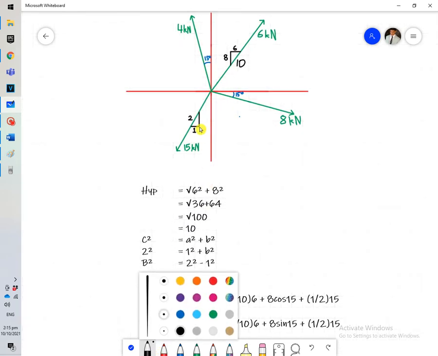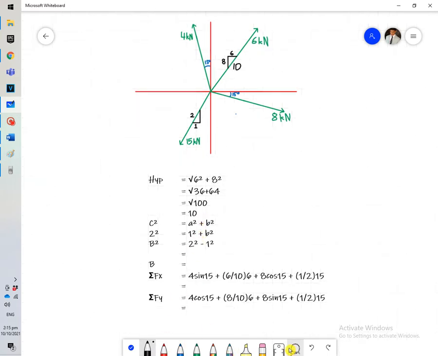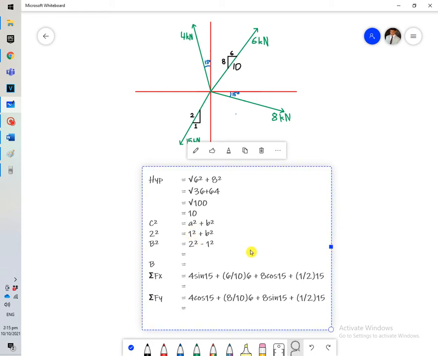Kumpletuhin natin to. So, meron tayo ditong side A and a hypotenuse, pero wala tayong side B. So, through algebra, kaya natin malaman na b squared is equal to c squared minus a squared. Pag tinranspose natin sa a squared, magiging c squared minus a squared equals b squared. Magiging b squared is equal to 2 squared minus 1 squared.